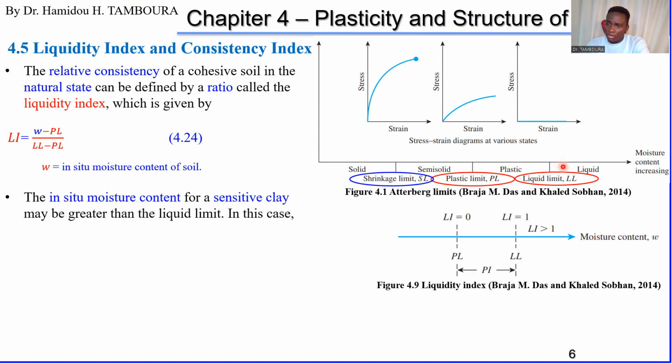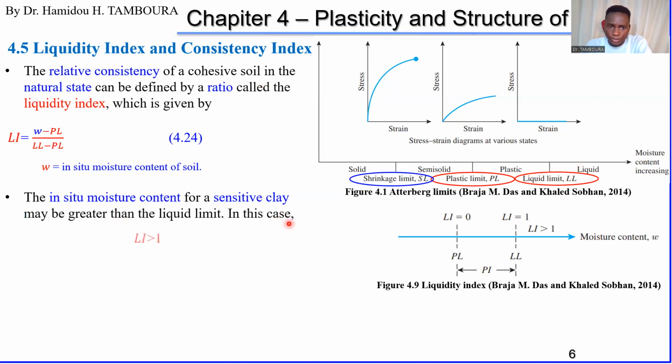That means sometimes you go into the field, for example a construction site or work site, and you find that the amount of water in the soil, the water content, is larger than the liquid limit, LL. It means the soil is liquid for some sensitive clay, for example when you are in a river.